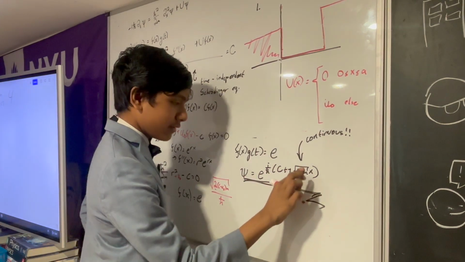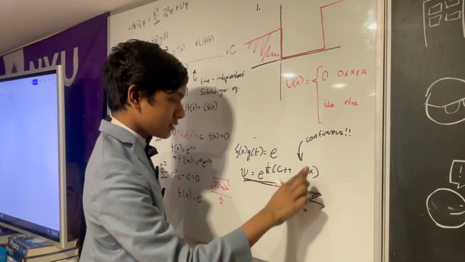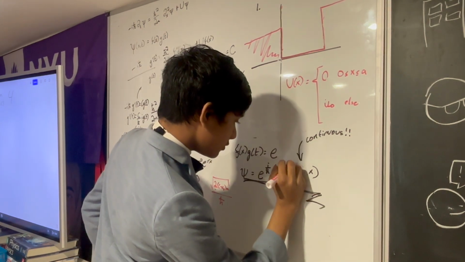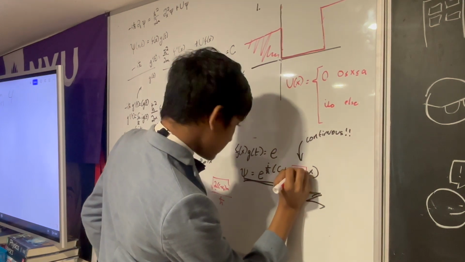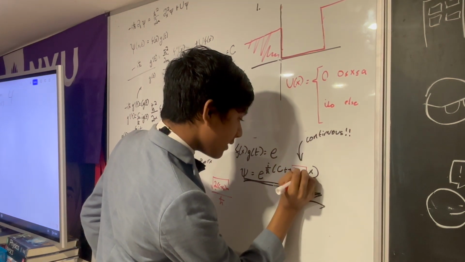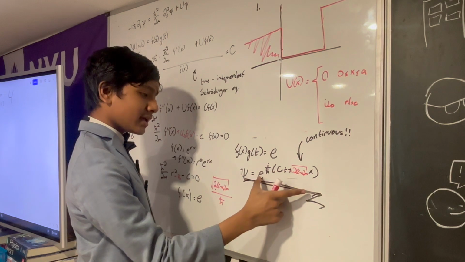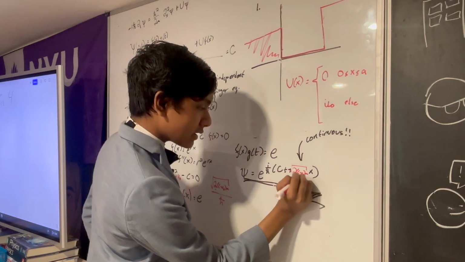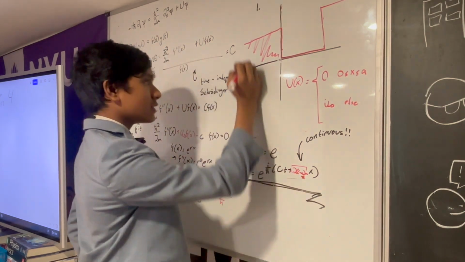So then, if we replace this with 2 times c minus u naught m, then this is going to start decaying because of the extra u naught factor.